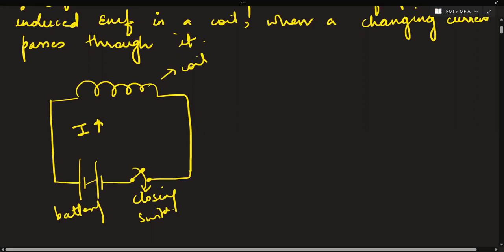As the switch is closed, current will start flowing. So initially if it was 0, now some amount of current has flown, so current increases. So as current increases from 0 to its maximum value, what will happen? Induced current will flow in the opposite direction of the battery. This will be the direction of induced current.